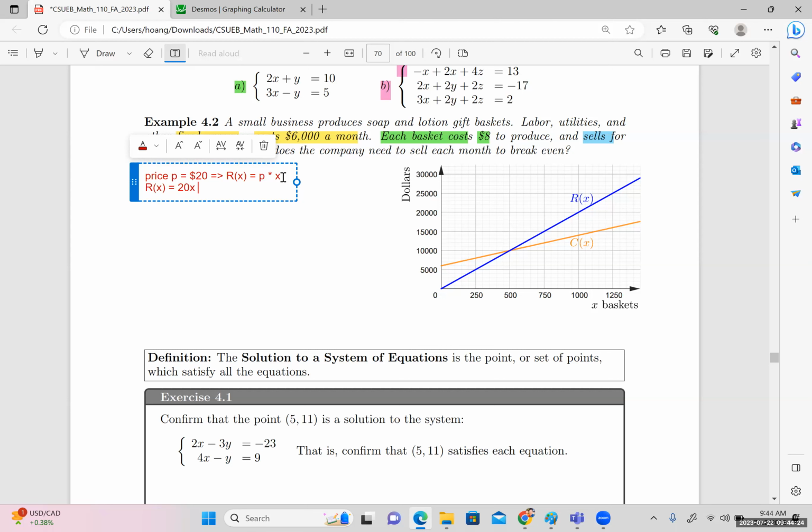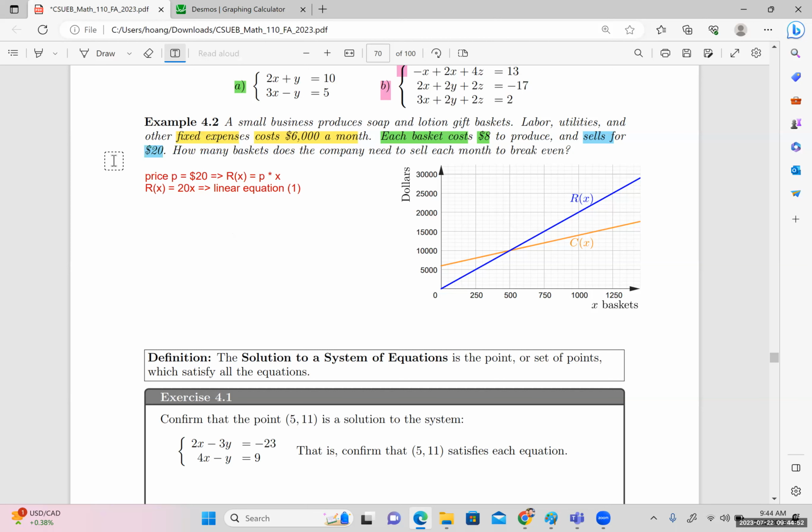This is a linear equation. Before, we learned the special case where the selling price is fixed as a constant number, so the revenue is a linear function, and we're going to call this equation number 1.